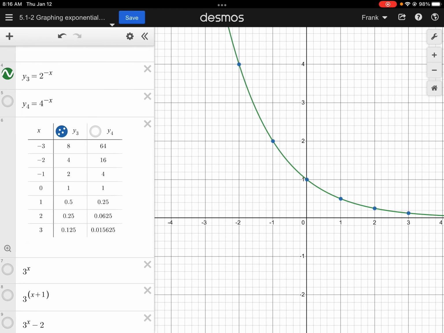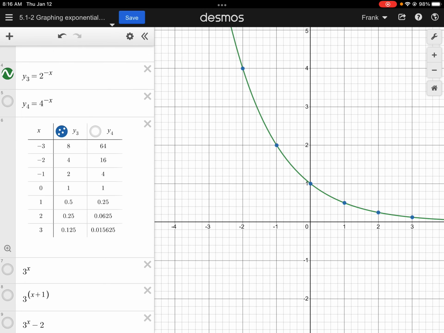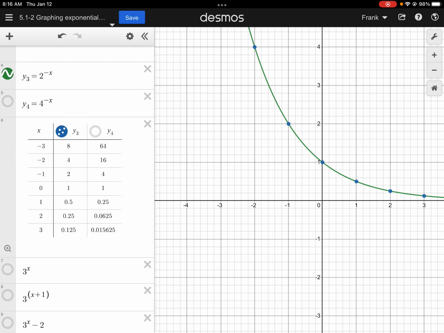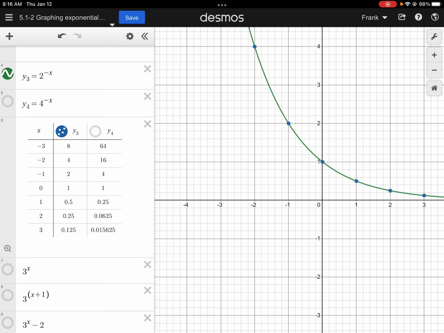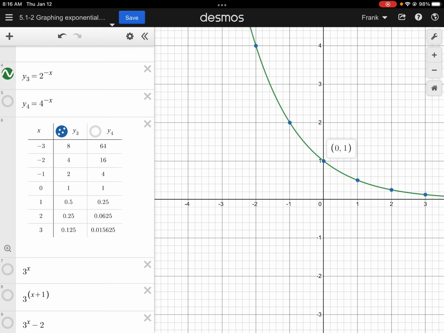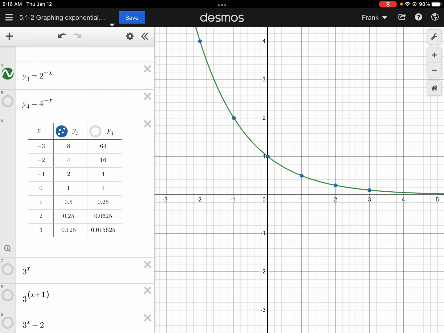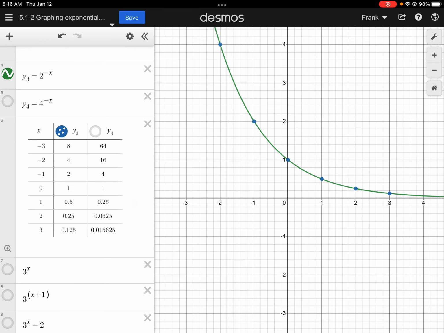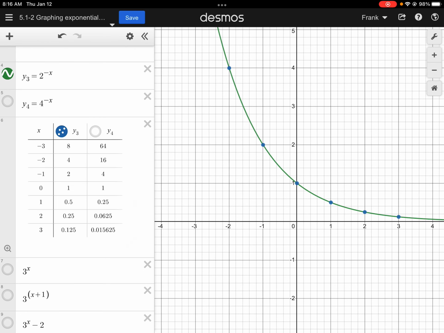And here you can see now the function is decreasing. It still has a horizontal asymptote at 0 as y equals 2 to the power of x did. The domain is still all real numbers. We still have a y-intercept at 0, 1. There are still no x-intercepts for this function since it does not cross the x-axis, and the range is any number greater than 0.